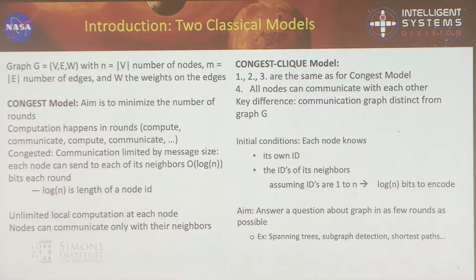You can think of various scenarios. In the initial conditions, each node knows its own ID and the IDs of its neighbors, and it may know weights for that edge on the graph we're trying to learn something about. And then there are various problems you can ask, and I'm going to restrict to graph problems, but we could have other information which broadens the class of problems you might want to consider here.